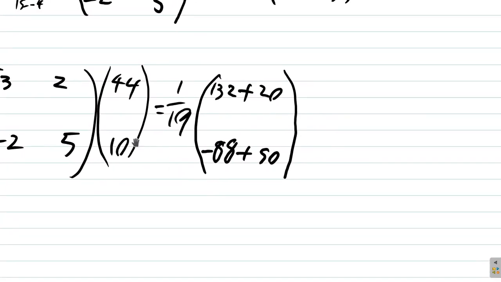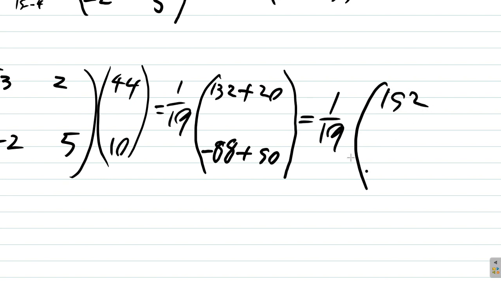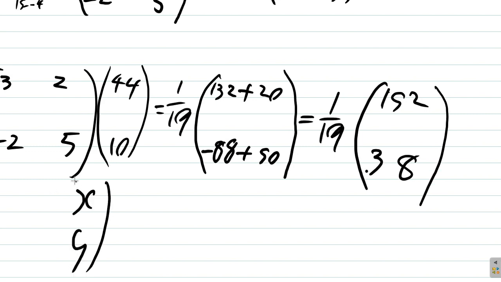Then what you have is 1 over 19 times 132 plus 20 gives you 152, then negative 88 plus 50 gives you negative 38. So x, y is equal to 1 over 19 times 152, negative 38.